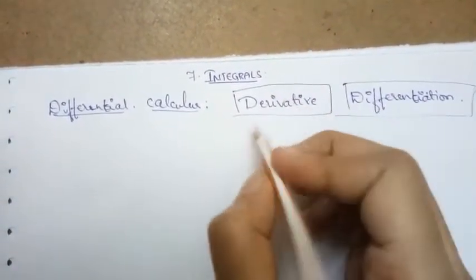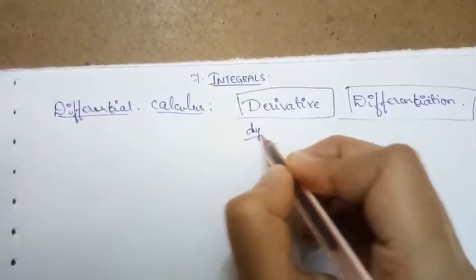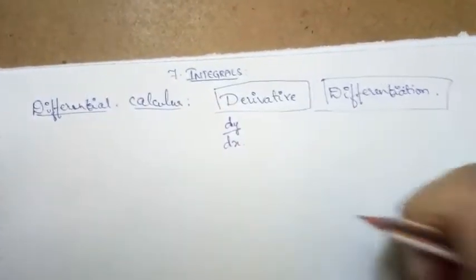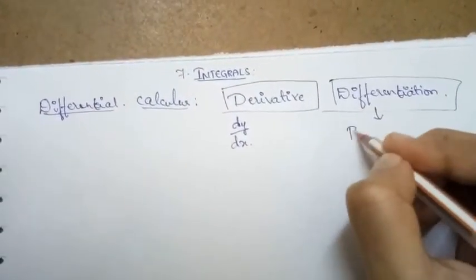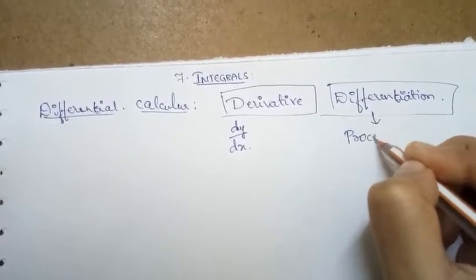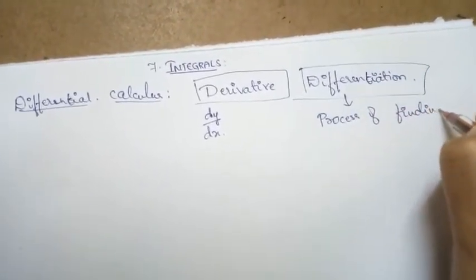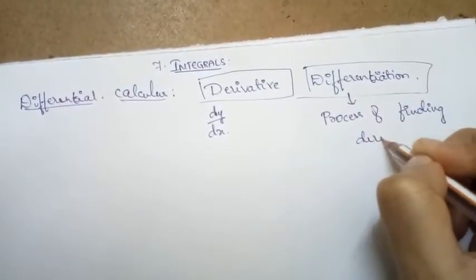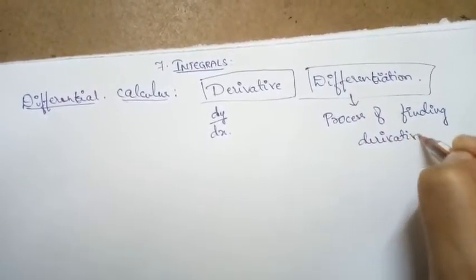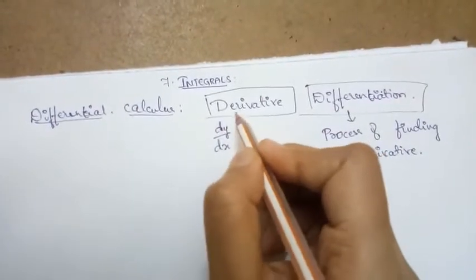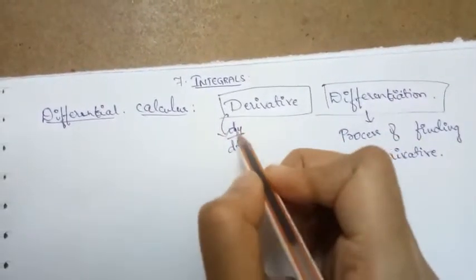Clearly, derivative is nothing but dy by dx. Differentiation is nothing but the process of finding the derivative. The process of finding the derivative is called differentiation, and derivative is nothing but dy by dx.